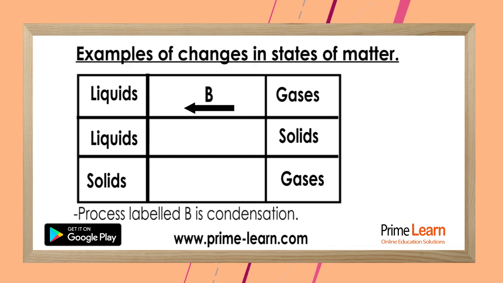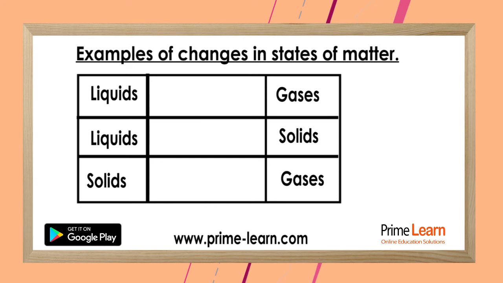I hope you remember. We have other arrows which are pointing on the liquids and the solids. One is from liquids to solids and another one is from solids to liquids. Solid to liquids is marked C. How do you call that process by which substances change from solids to liquids? That process is called melting.